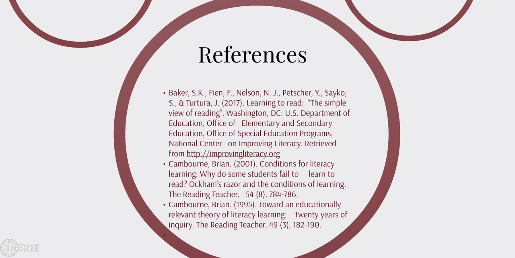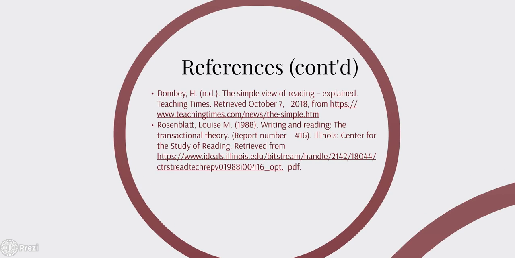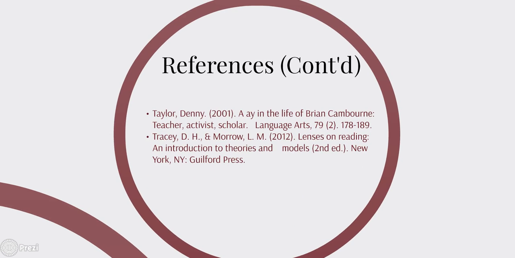So that's my presentation. I'm going to quickly go through the references slides just so you can get a look at those. But I've honestly learned so much from these theories. I think the most effective for me would be Rosenblatt. I don't know, it's hard to say between Rosenblatt and Cambourne.